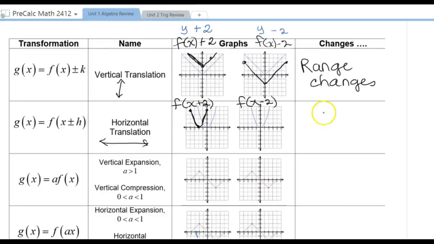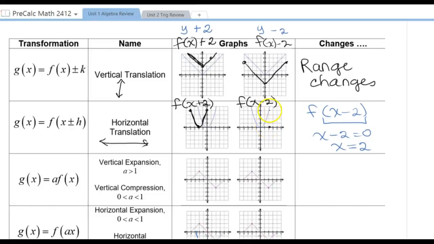Likewise, when I take a look at my function that has f of x minus 2, again, this tells me how to move my x's. I'm going to set that equal to 0 because that's where we're starting our vertex. Then I solve for x and x is equal to 2. So I'm going to get my point 0, 0 and move it 2 units to the right.